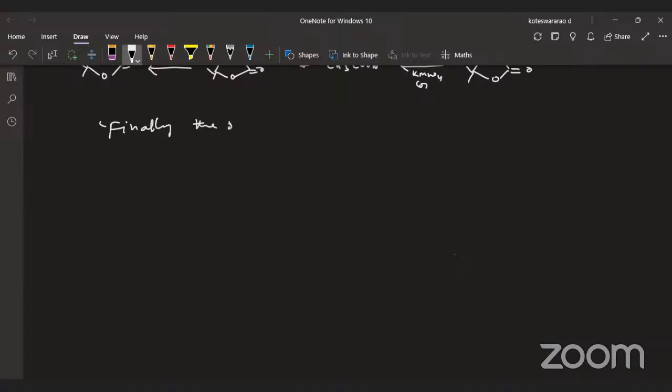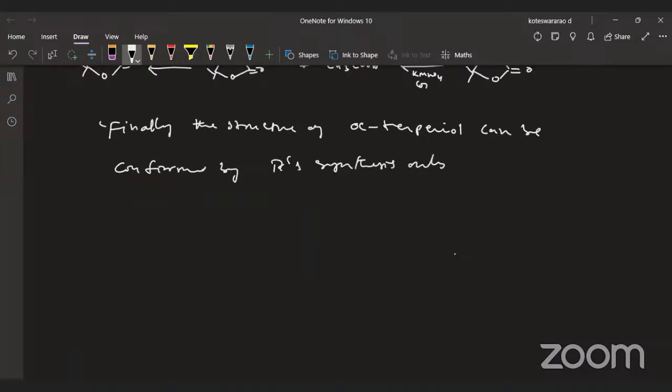Finally, the structure of alpha terpinol can be confirmed by its synthesis. Synthesis only.